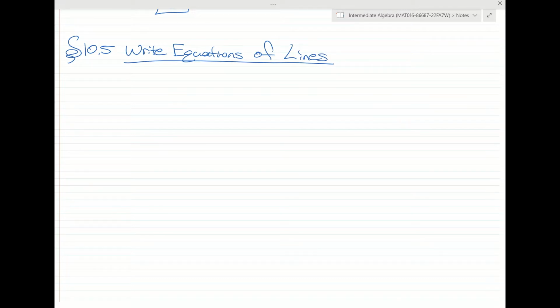So to get started, let's talk about three different ways we could write the equation of a line. We can call them forms of linear equations, and there's three of them.